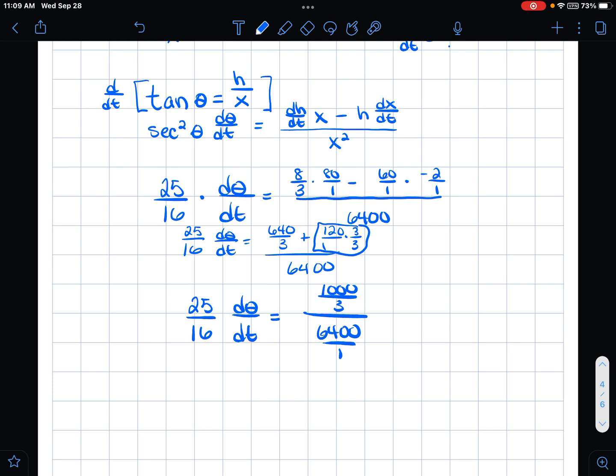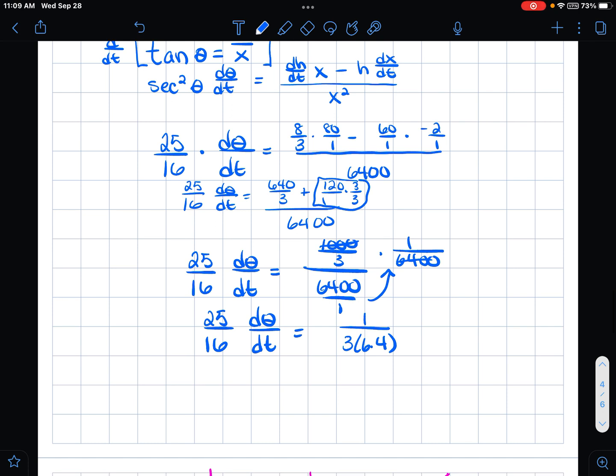So now if I flip this and multiply, it becomes 1 over 6,400. 1,000 and 6,400 will reduce to 6.4. Is that right? For some reason, that doesn't feel right. 6,400 divided by 1,000. Yeah, 6.4.